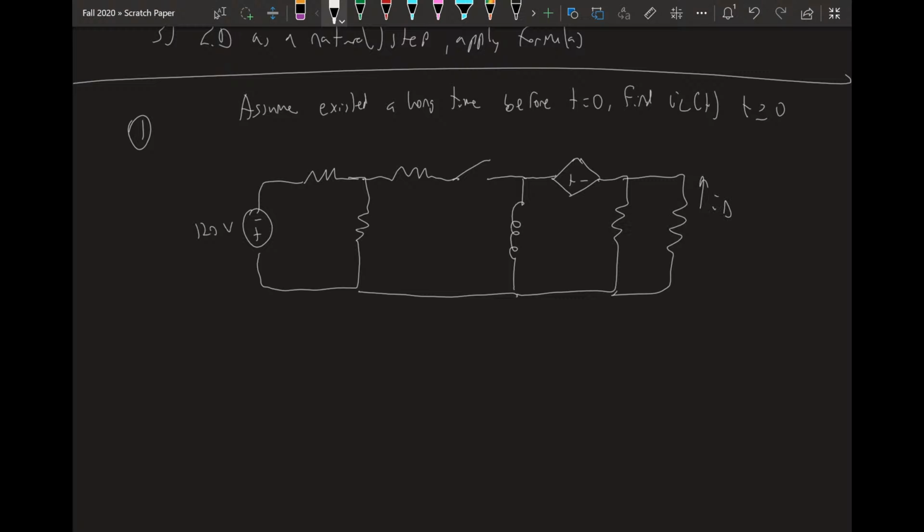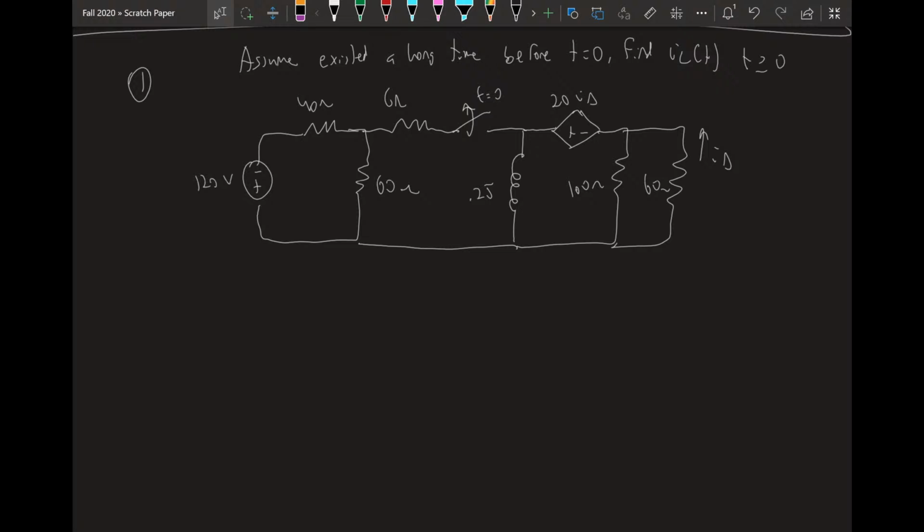So here's I delta. This dependent source is 20 times that I delta. 60 ohms, 100 ohms. This is 0.25 henries. This is 6 ohms, 60 ohms, 40 ohms. And the switch is released at t equals 0. So before t equals 0, it's closed.